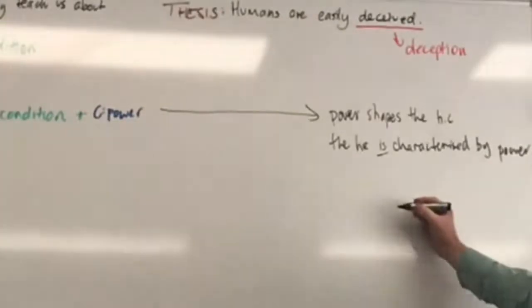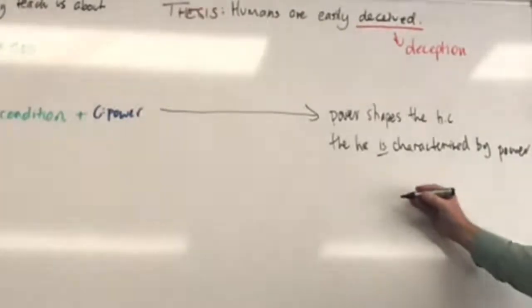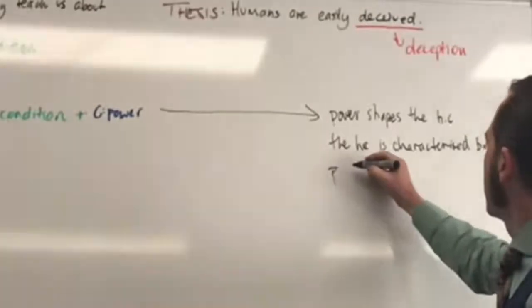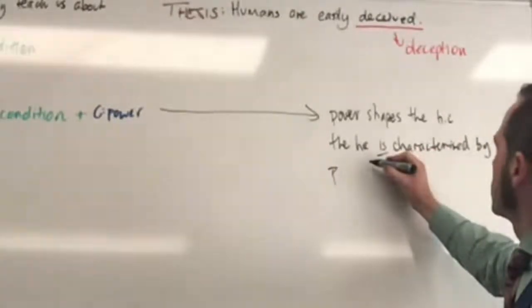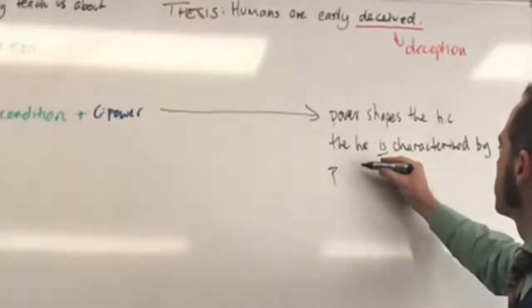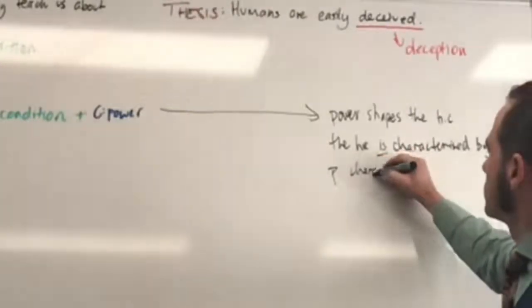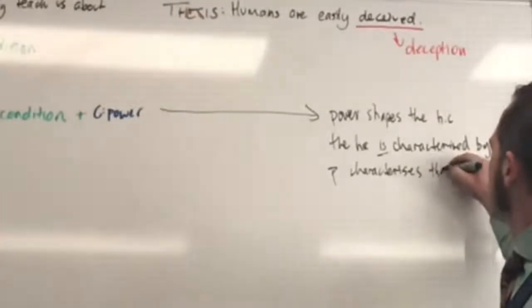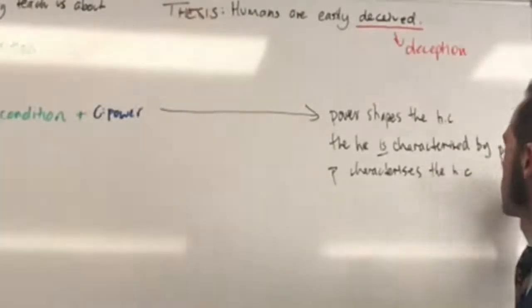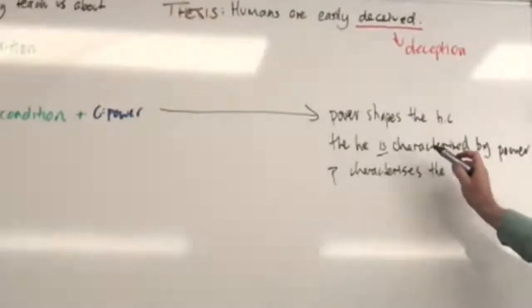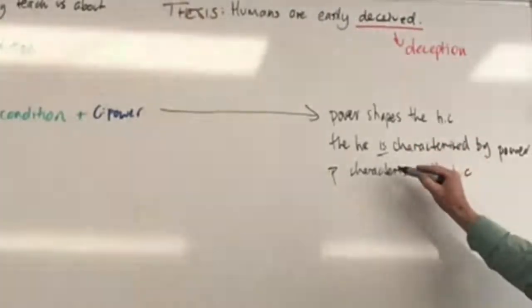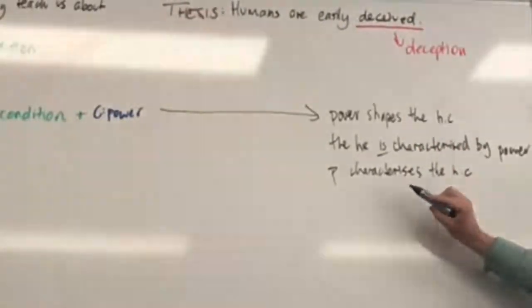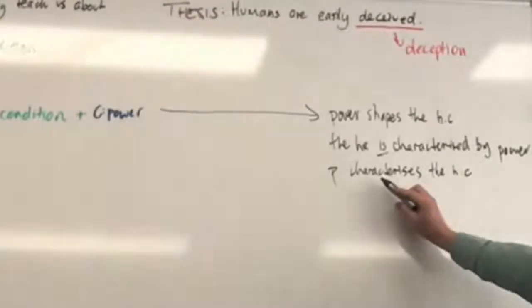I've just used is. So I might want to change that and go power corrupts or changes. Power characterizes the human condition. Right, so you can see how that I've gone. Well, I haven't chosen a great one, but I can actually improve that in turning it into a verb there.